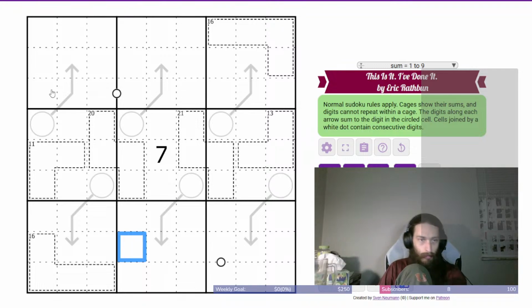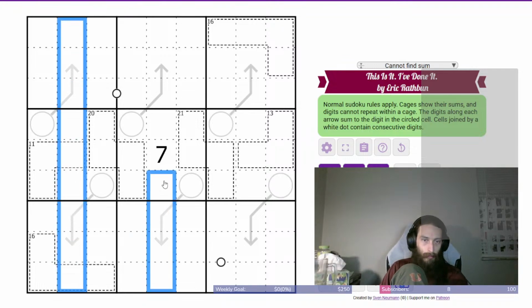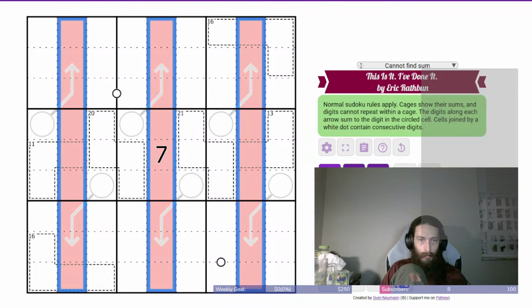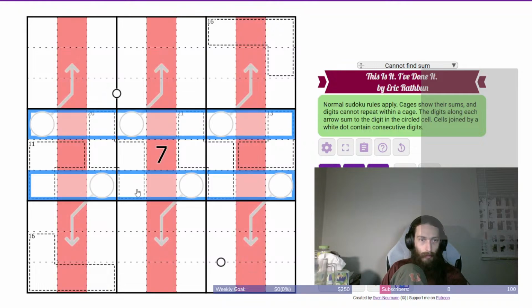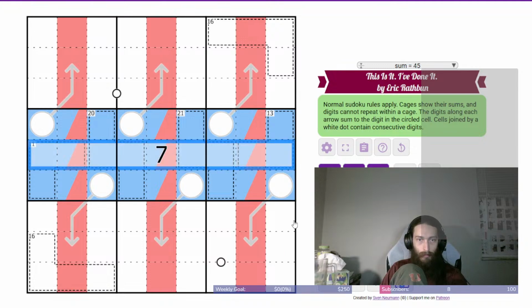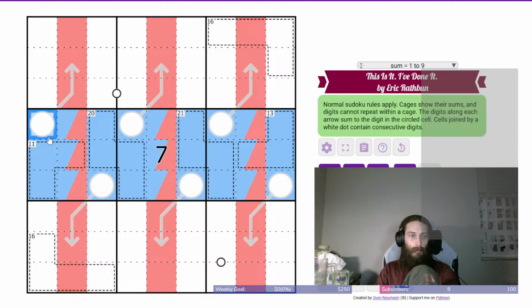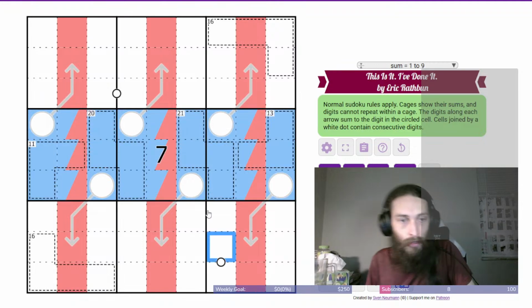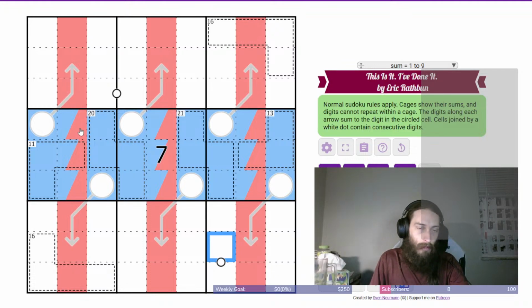Alright, I think this puzzle is going to have some set theory done to it. In fact, we're just going to do the 3 boxes in the middle, or we can say the 3 middle rows. Either way, it doesn't matter.